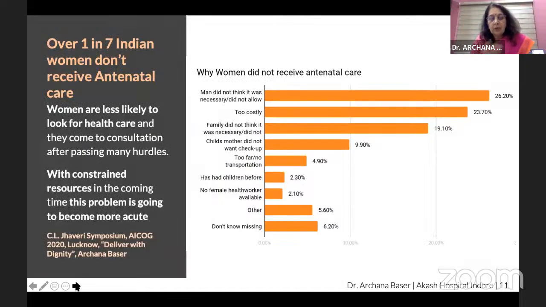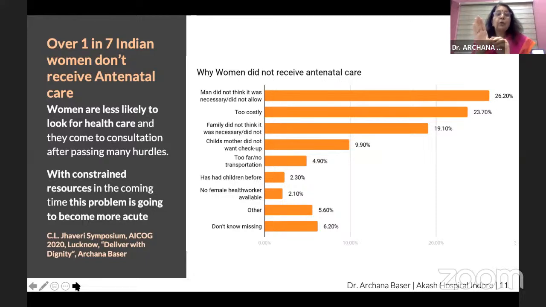So why are we looking into first trimester screening? I was preparing for one of my talks, and when I was going through different literature and data, I found that over 1 in 7 Indian women don't receive antenatal care.